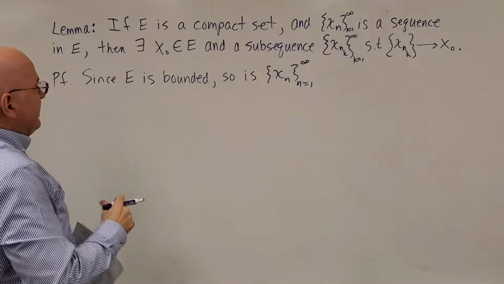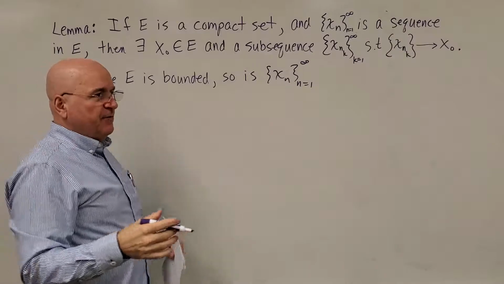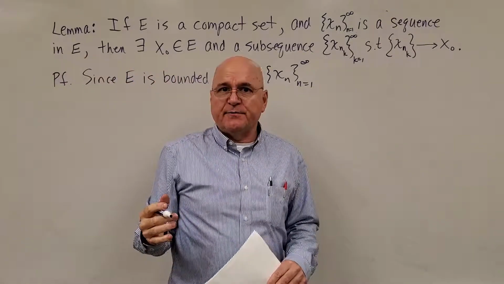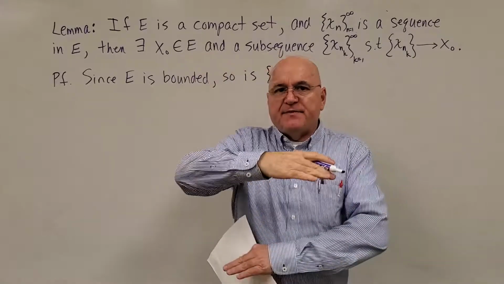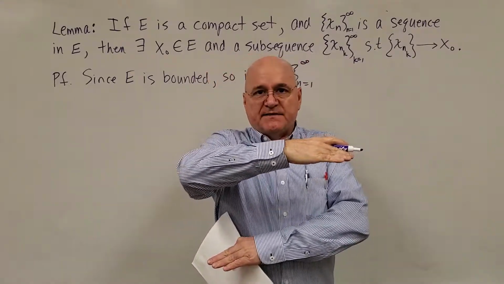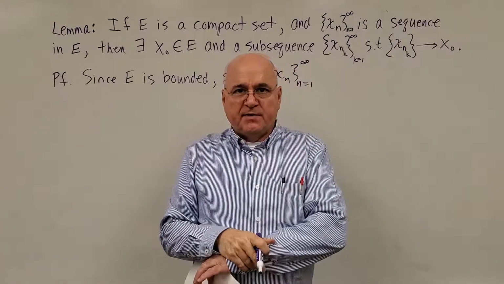All right, so if we have a bounded sequence, do you remember the Bolzano-Weierstrass theorem? The way it's listed in the book is it says that every infinite bounded set has an accumulation point.